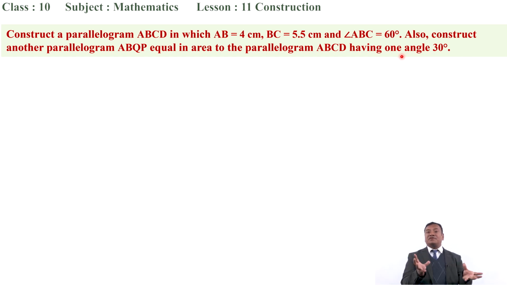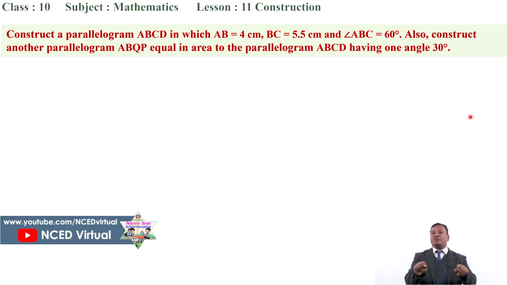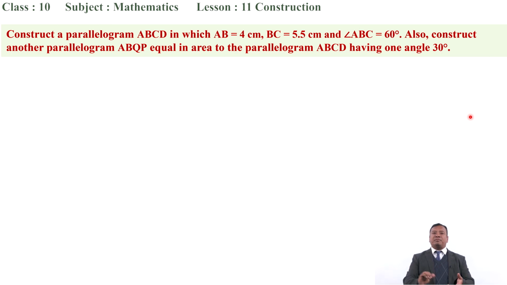To construct, first of all, we have to make a plan figure at the right corner of your copy, right? For the plan figure, it is not necessary to have the exact measurements. We just have to make a plan figure, and according to the plan figure, then we have to make the real one, okay?